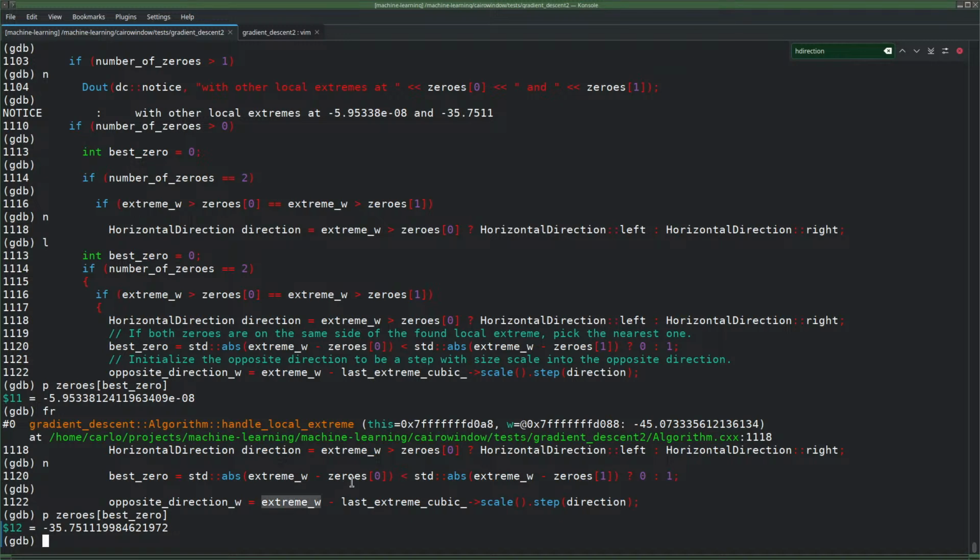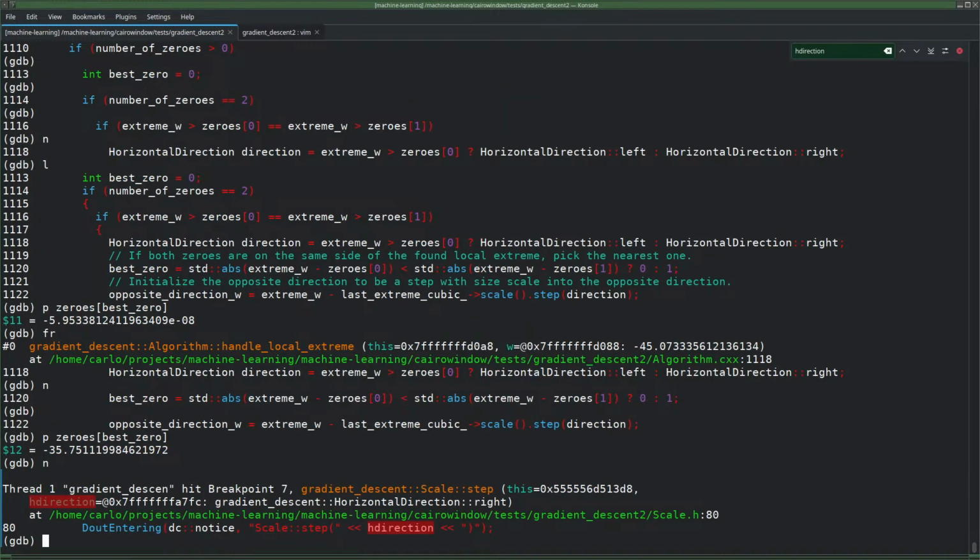This is where we are, and then direction is to the right, which means that this is positive, but we subtract it. So then we go to the left, and that should work. As in, I can just do next here. Now we hit a breakpoint inside scale step. Okay, whatever.